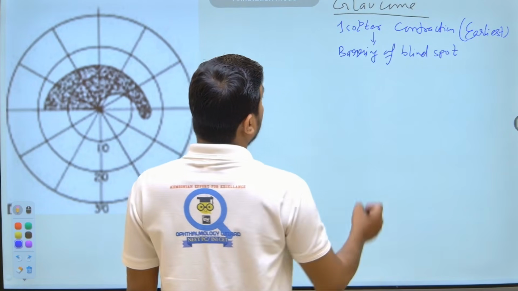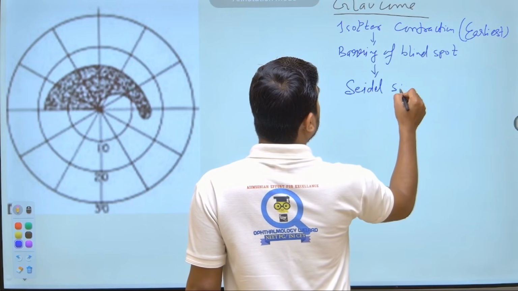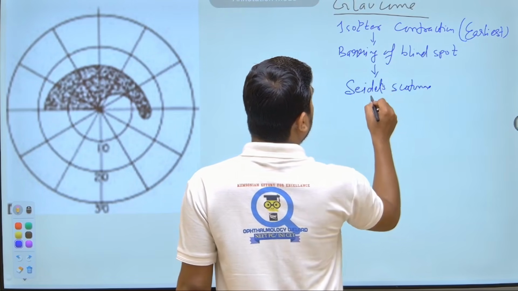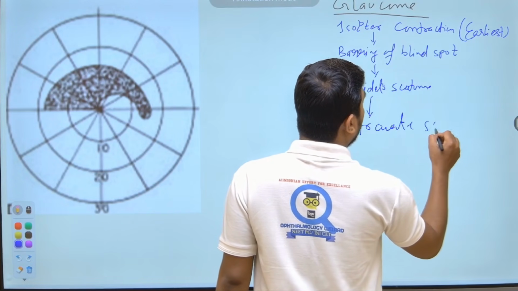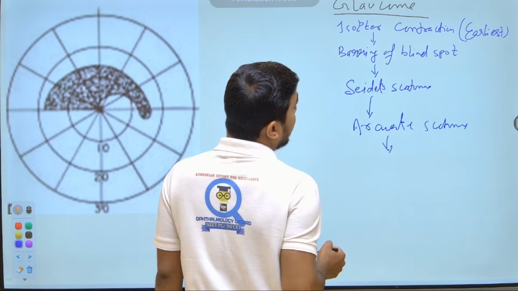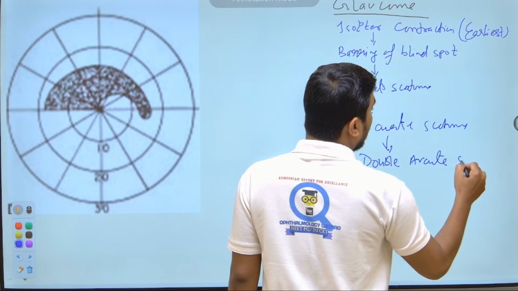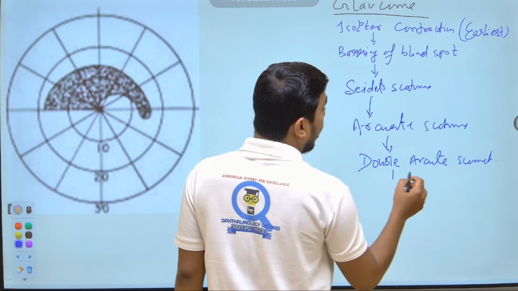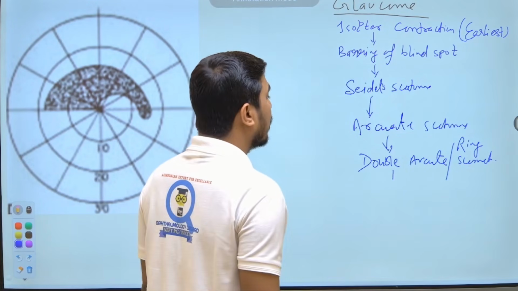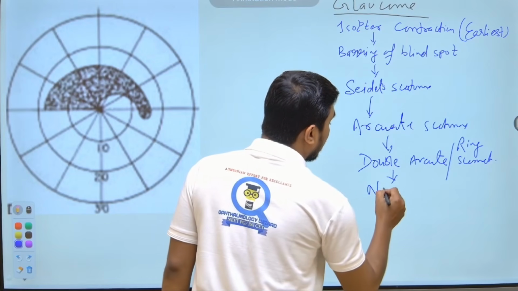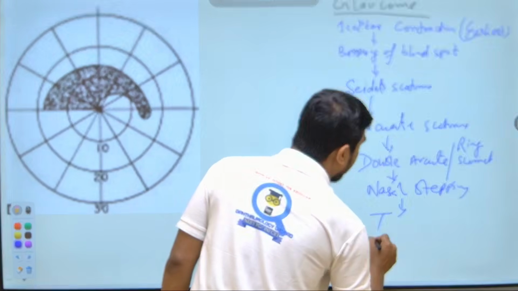Okay. After this comes the Seidel's scotoma, followed by arcuate scotoma, followed by double arcuate scotoma, also known as ring scotoma, followed by nasal stepping, and followed by tunnel vision.